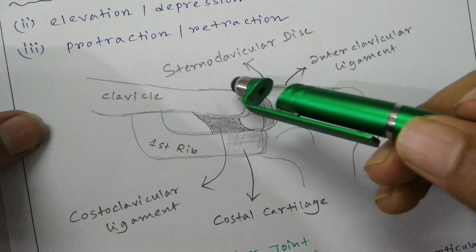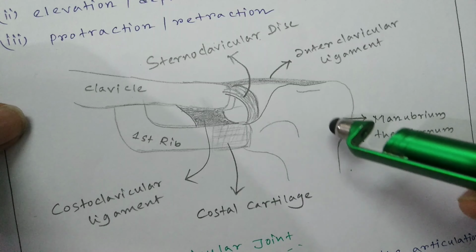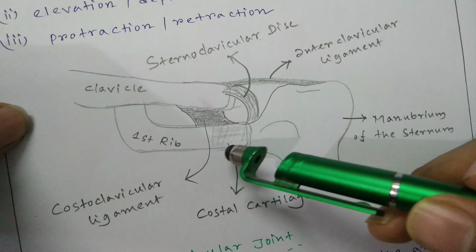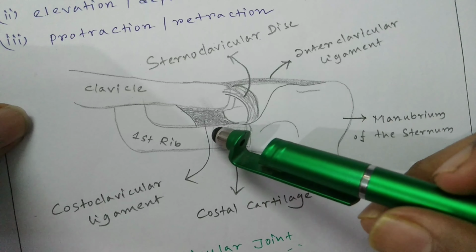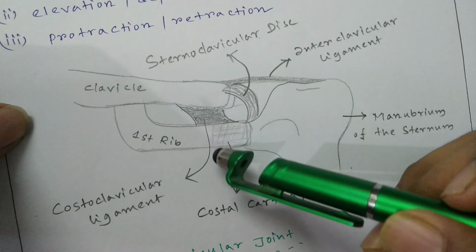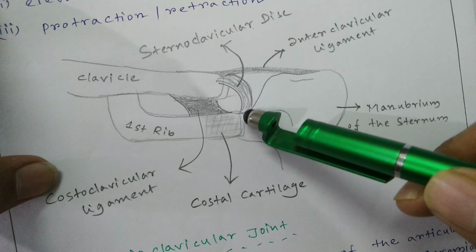That is the medial end of the clavicle, and this is the manubrium of the sternum, and that is the first rib. Here is the costal cartilage, and between the costal cartilage and clavicle there is the costoclavicular ligament, and that is the sternoclavicular disc.